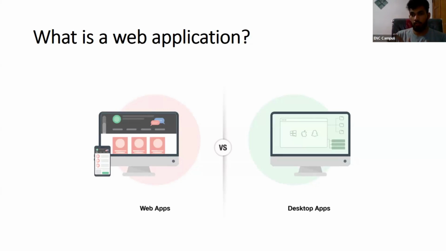Then I can use that software to create presentations, right? Those kinds of software are called standalone applications. To use them, I need to install them on the computer, right?